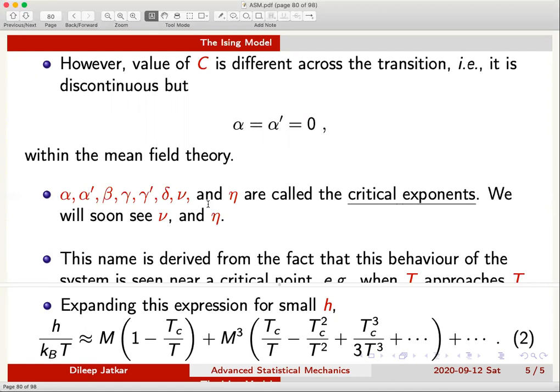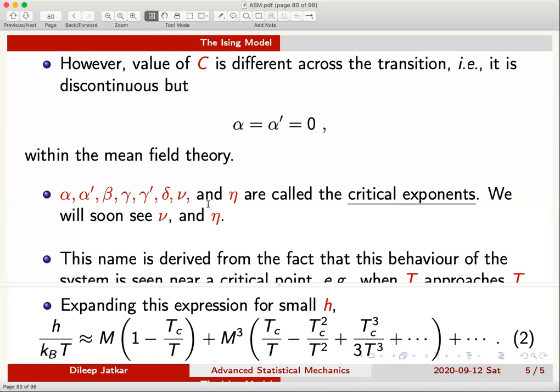And as you could see, many of these critical exponents were falling off as a function of temperature or external stimuli in a power law behavior. These systems, of course, would therefore have long range correlations.